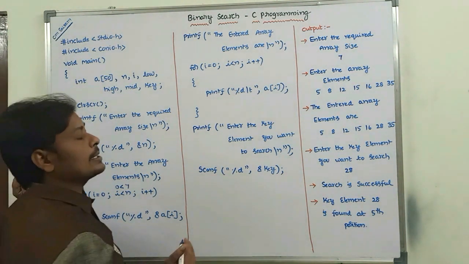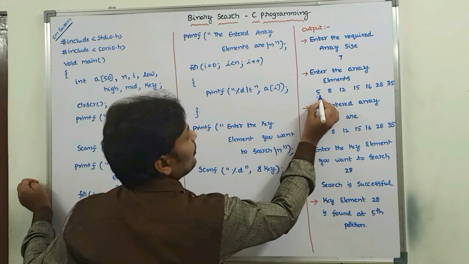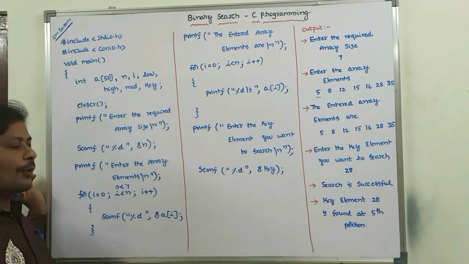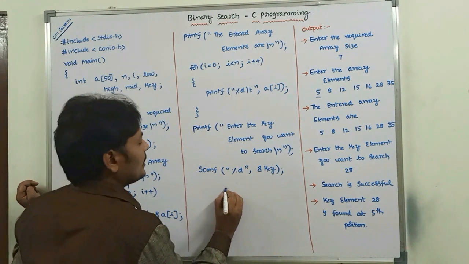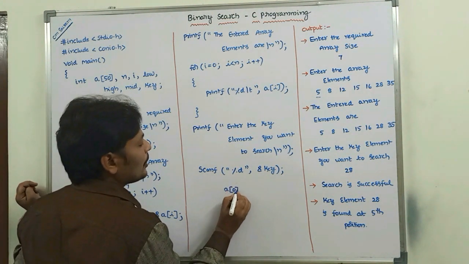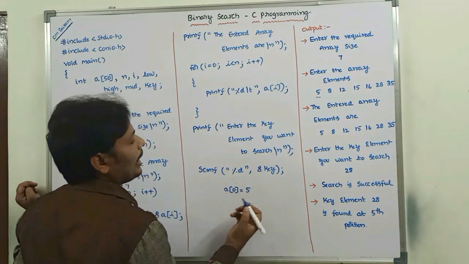What is the value that we read? That is 5. So a[0] contains the element 5.